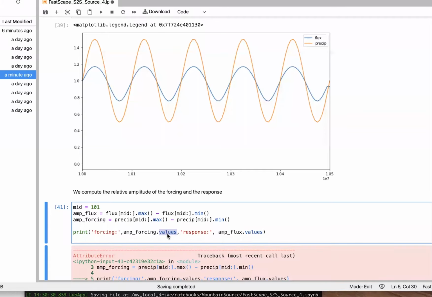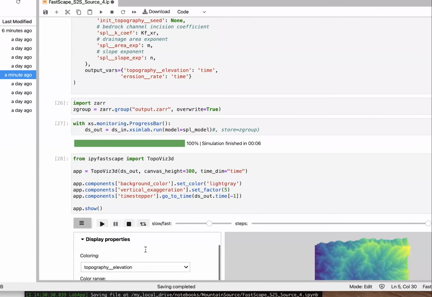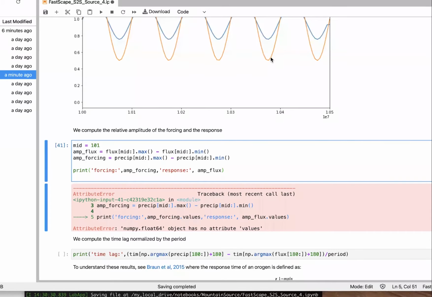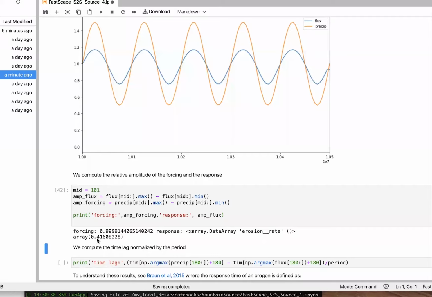Doesn't matter, I'll leave it as it was. It will print in a funky way, but okay, let's look at this. With the forcing signal, the peak to peak of the forcing is 1. Okay, it's 50%, but it goes peak to peak. And we get that the amplitude of the flux is 0.416. It's actually roughly 0.4.